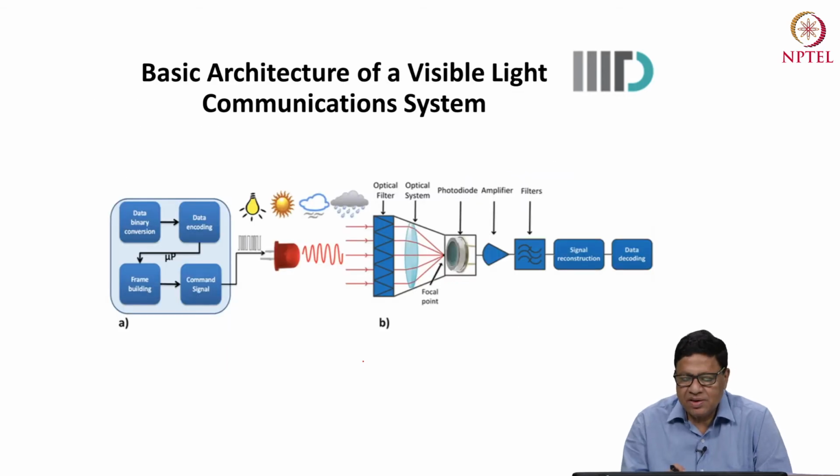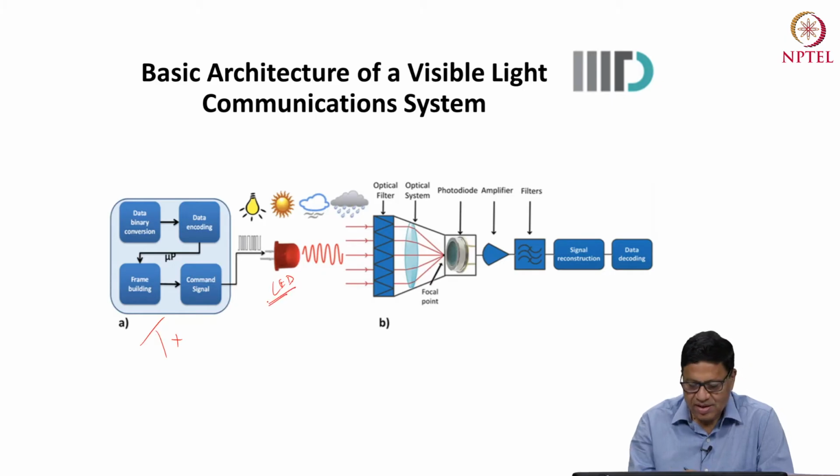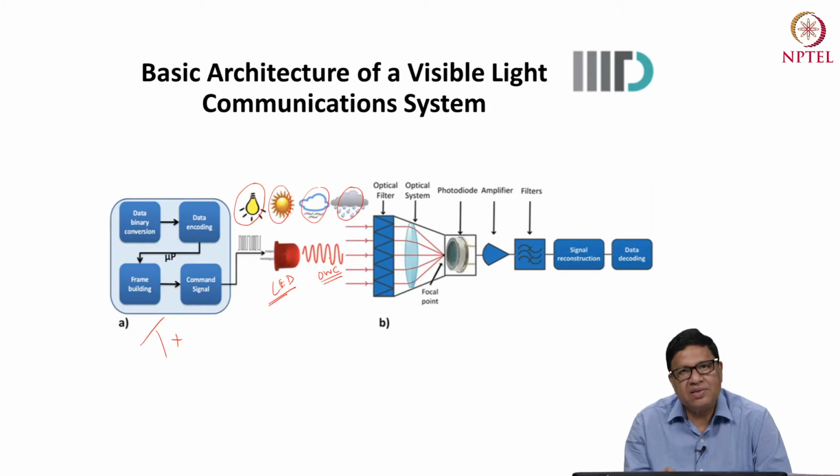The basic structure of a visible light communication system is the same as we studied in the earlier lectures. You have a transmitter which uses an LED, and this is optical wireless communication. You have interference coming from light sources, from the sun, from rain, or from cloud, from fog. So there are environmental conditions which will affect the communication distance.